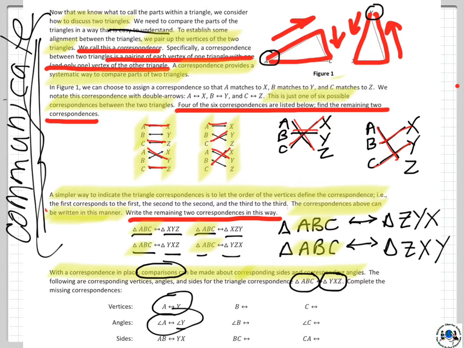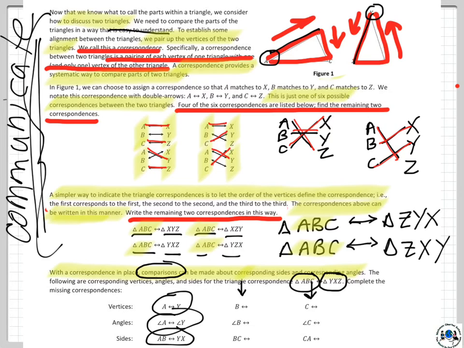And then sides AB and YX, so those correspond. So you can kind of get an idea of what's happening. Go ahead and look at all the B's: the vertex B, the angle B, and then the side B. And over here you have the vertex C, the angle C, and the side CA. I'm sorry, that bottom one, the B, was actually the side BC. Go ahead and complete those.